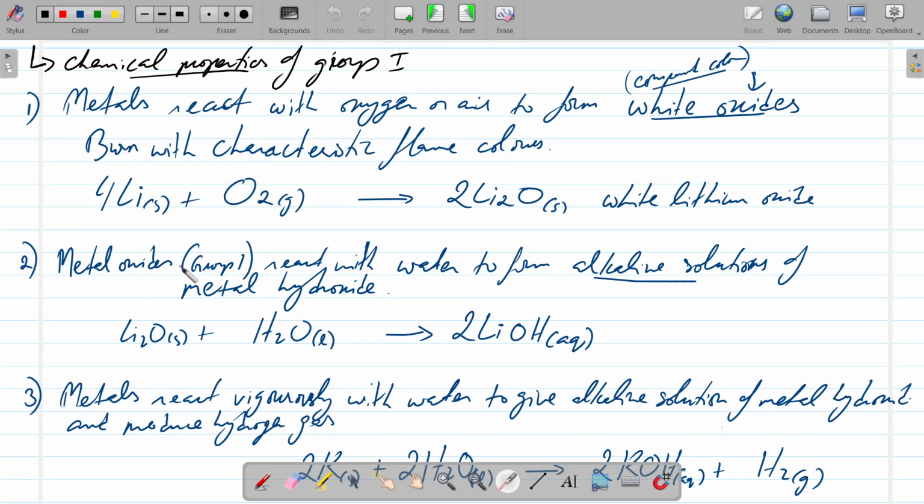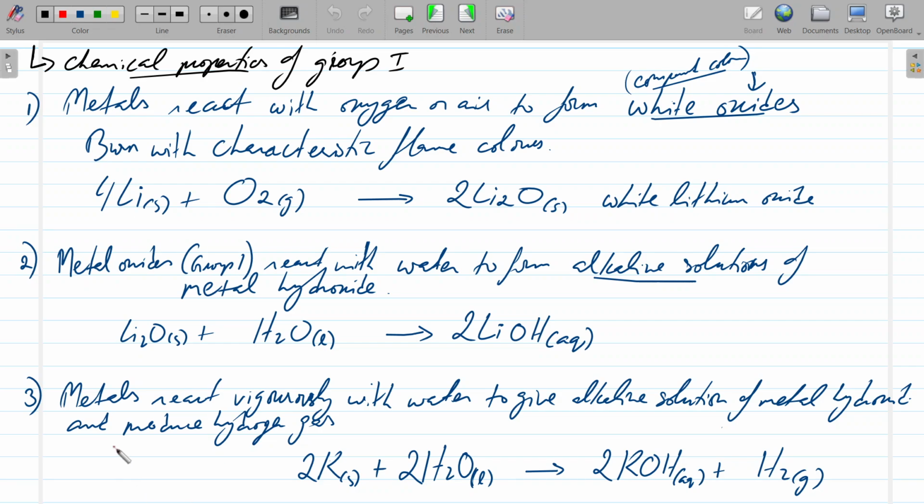Then the second chemical property, the metal oxides, right? So what you've got over here react with water to form alkaline solutions of metal hydroxide. Right? So you've got lithium oxide, you've got water, and you've got lithium hydroxide as the product. Then these metals can also react directly with water to give alkaline solutions.